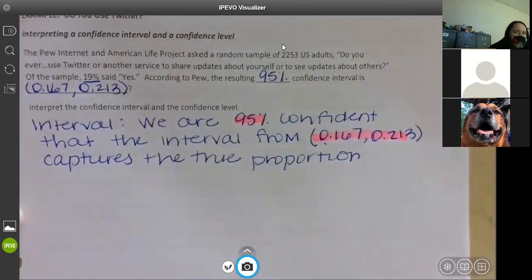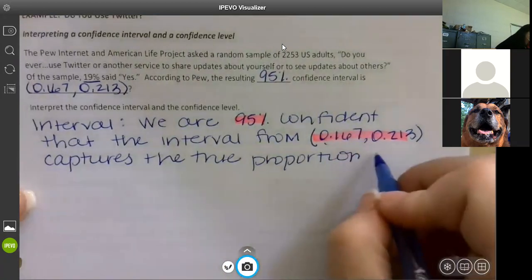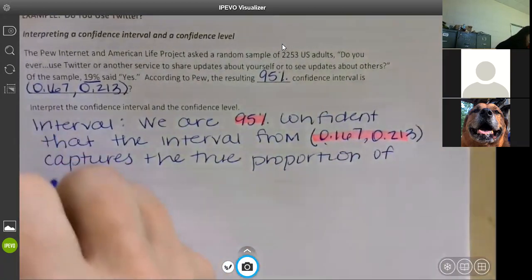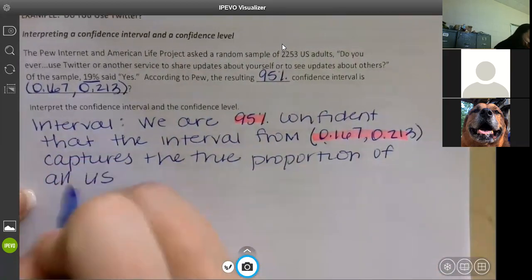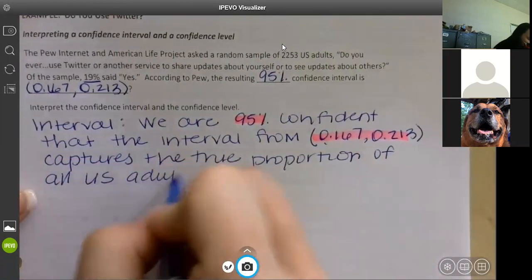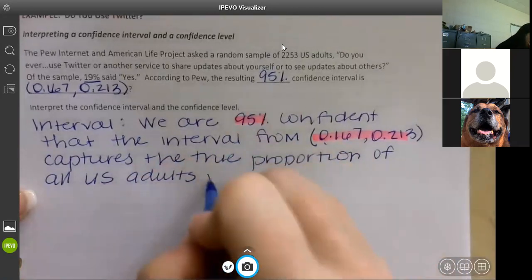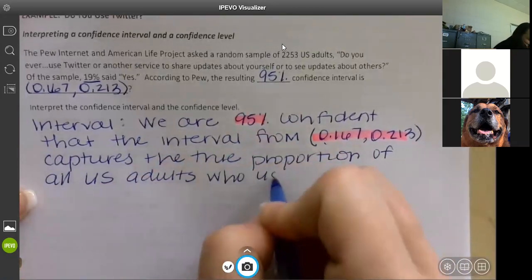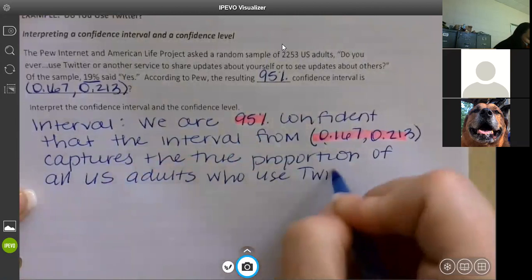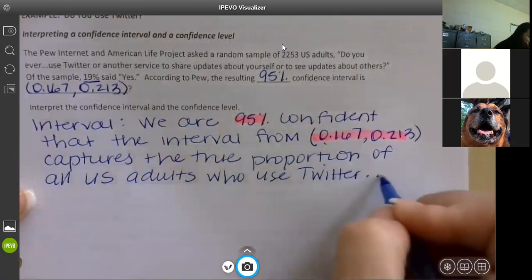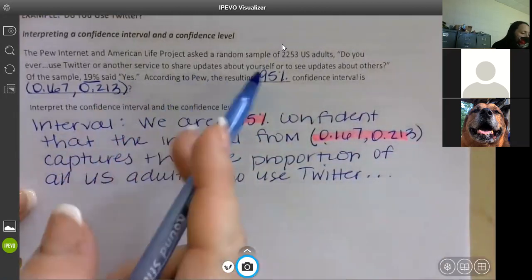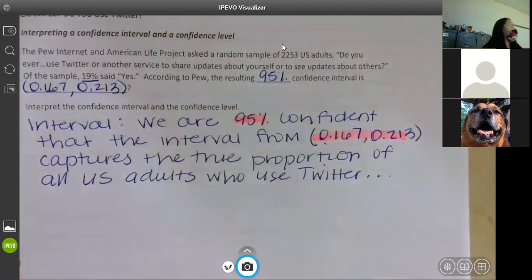Now, in context of the problem, the true proportion of all U.S. adults, the population, who use Twitter or another service to share updates about themselves or to see updates about others, but I'm not going to make you write all that out.